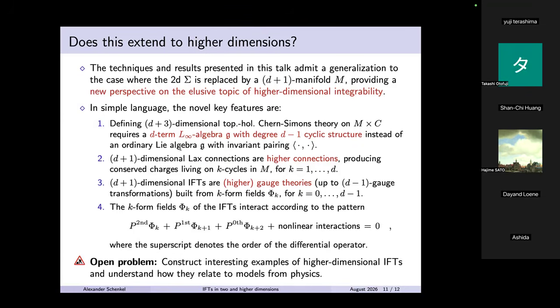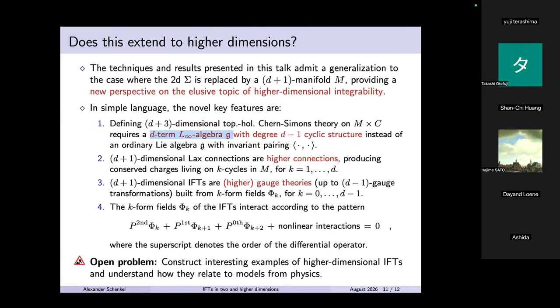The datum replacing the ordinary Lie algebra is a d-term L infinity algebra. So this is an L infinity algebra concentrated in degrees 0, -1, -2, up until you hit d terms. Now, when you take the tensor product of this with the de Rham forms on M, you see that you have multiple ways of getting a degree 1 element.